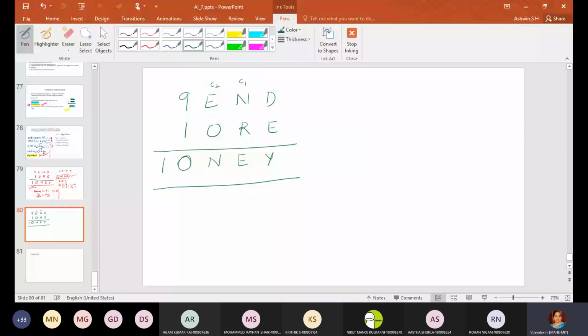Okay. Now what is the next step? Now you have to make use of your intelligence and tell me what is the next step. Can anybody tell? So I will write E plus C2 has to be 10. So S can't be 9.